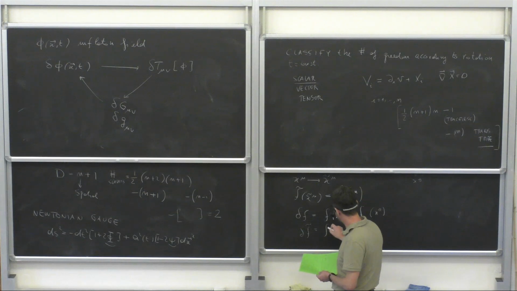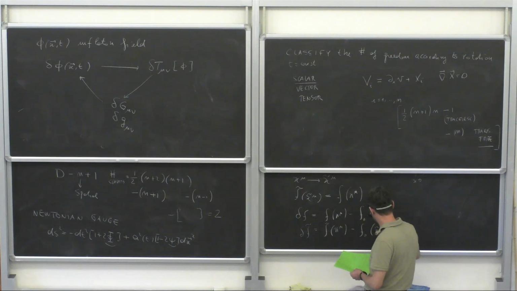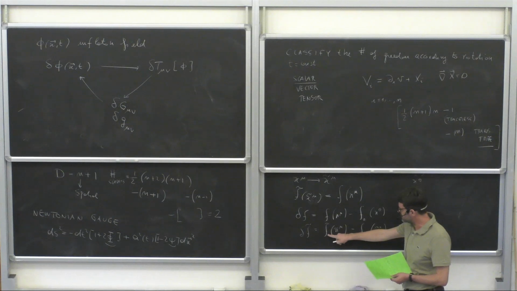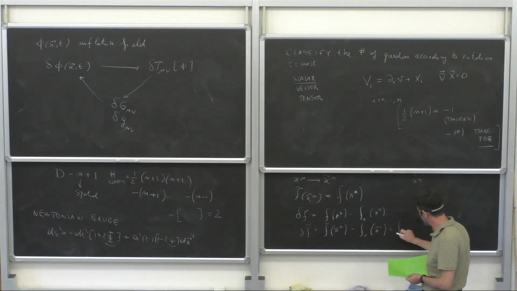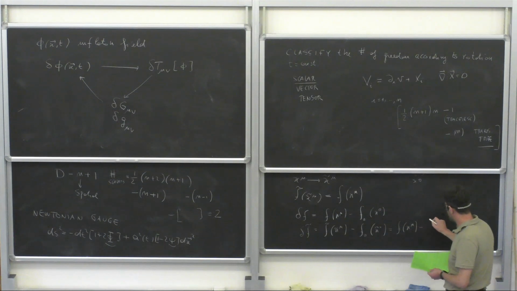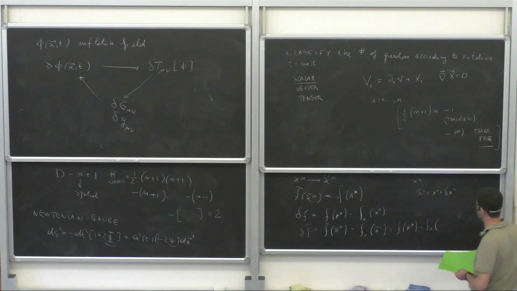Delta f tilde is f tilde in x tilde minus f0, the background, which is always the same, but in x tilde 0. By definition, this is a scalar field. So the first term, I can write it down as f of x mu, because I'm using this property, minus f0 of, now I do a transformation which is infinitesimal, so I say that x tilde 0 is x0 plus delta x0, some small fluctuation.